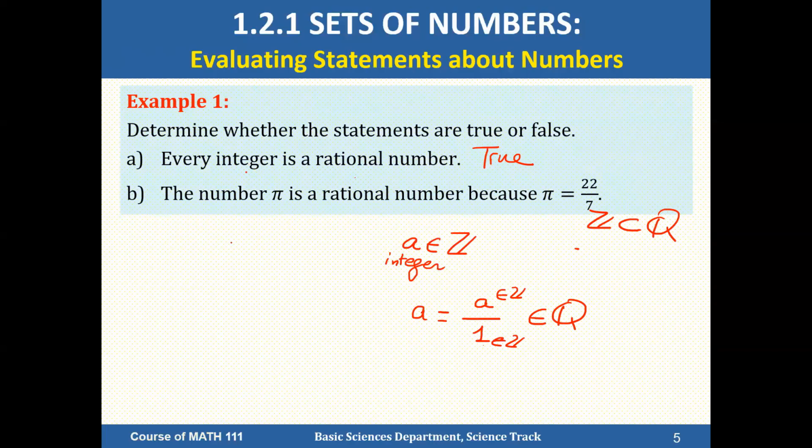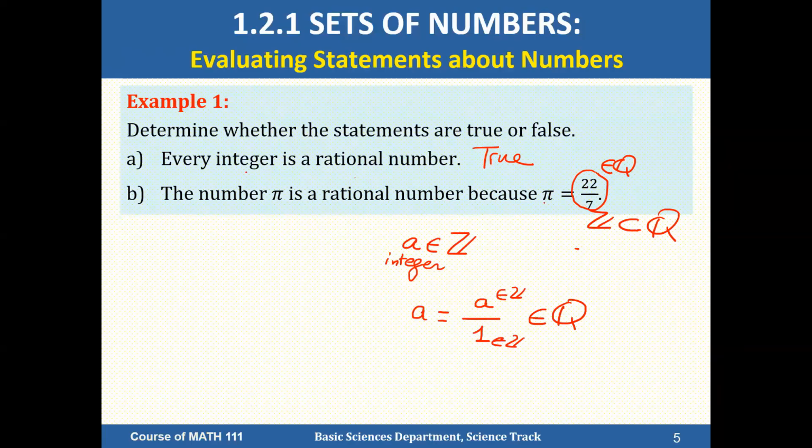Now, part B. The number pi is a rational number because pi equals 22 over 7. We know that 22 over 7 is a rational number since it's the ratio of two integers. The question is: is pi equal to 22 over 7?